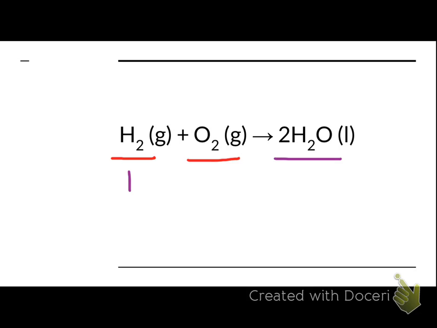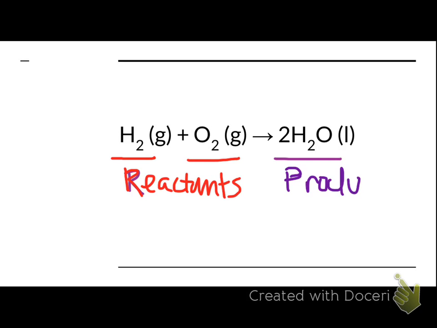In the red here, these are the reactants. Okay, which means that over here, the purple is our product. Now, you may have one product, you may have three products.